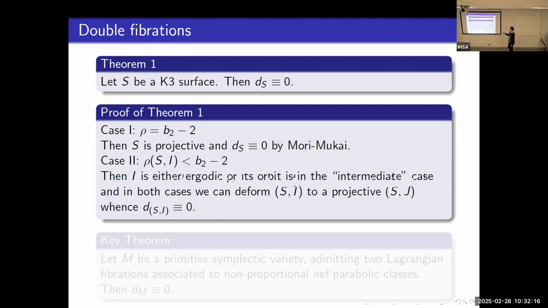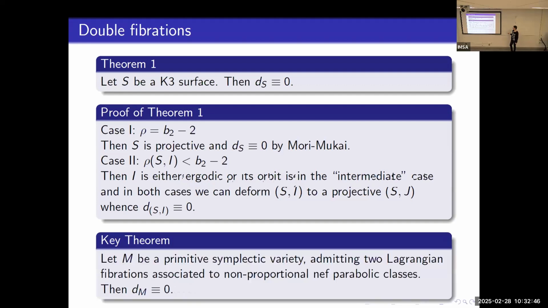And because of the proposition that we had, if you have some deformation with vanishing Kobayashi pseudo-distance, then the initial metric that you started with also has vanishing Kobayashi pseudo-distance. So that's how we prove the first theorem.